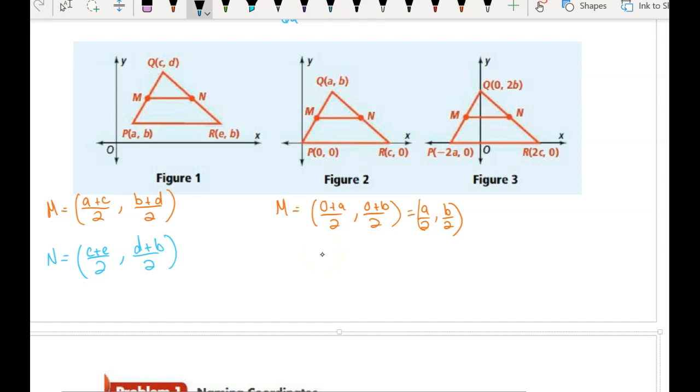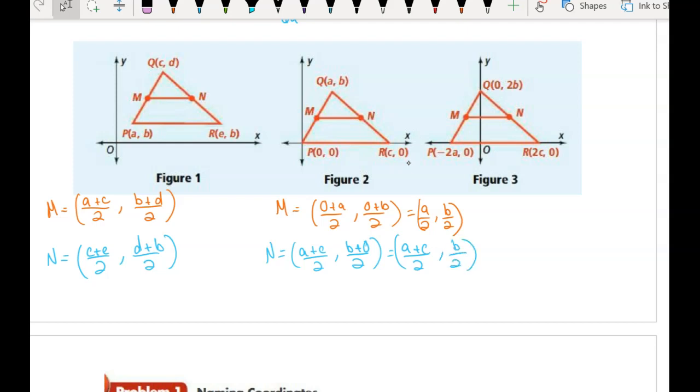Now let's look and see the coordinates for point N. So this would be A plus C divided by 2, B plus 0 divided by 2, so we have A plus C divided by 2 and B over 2.